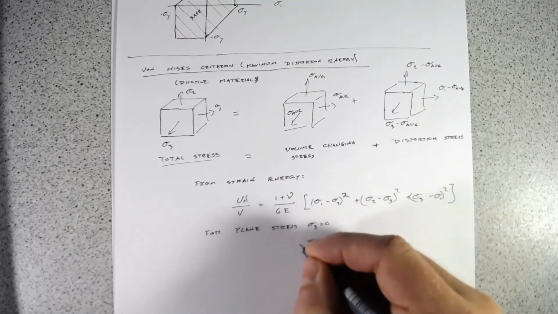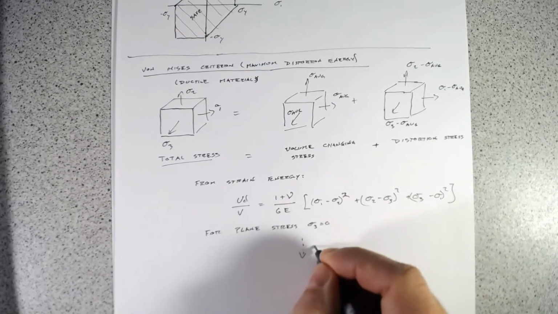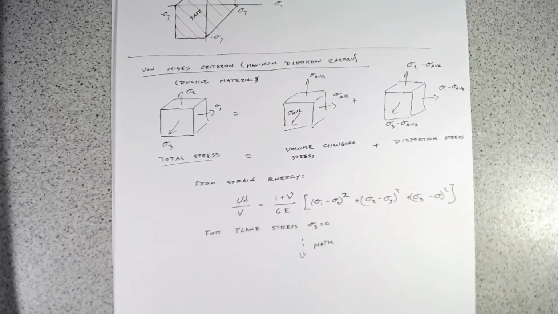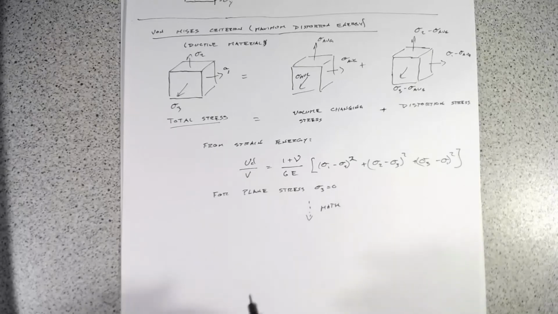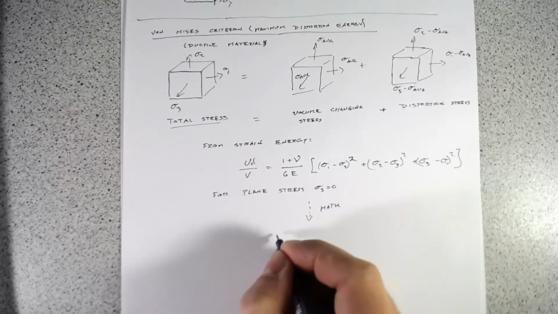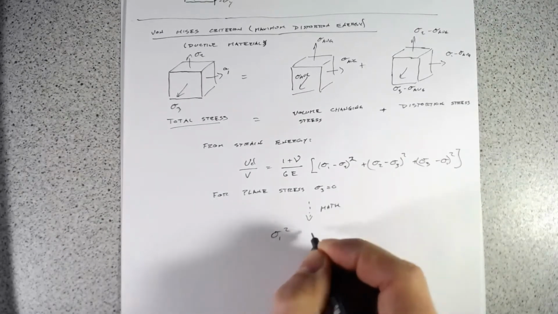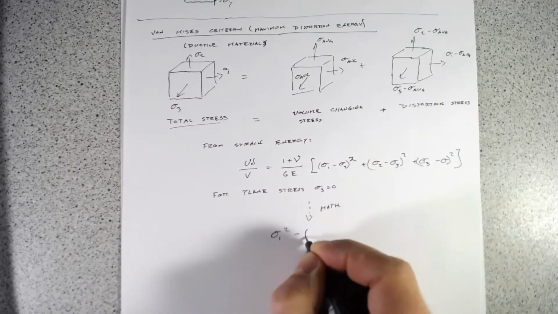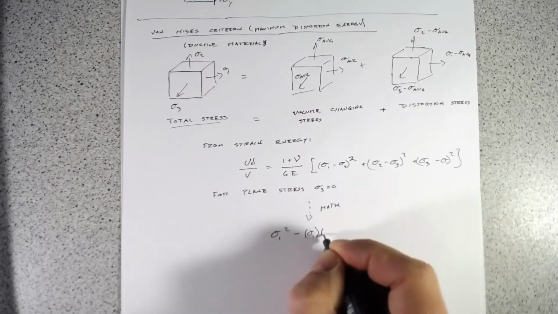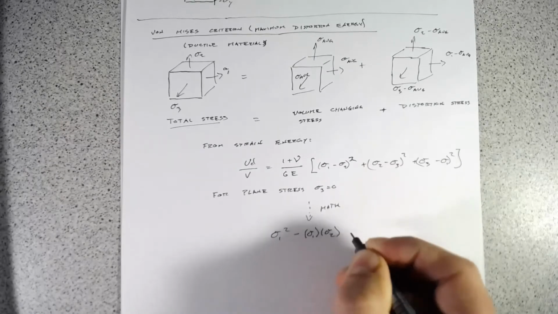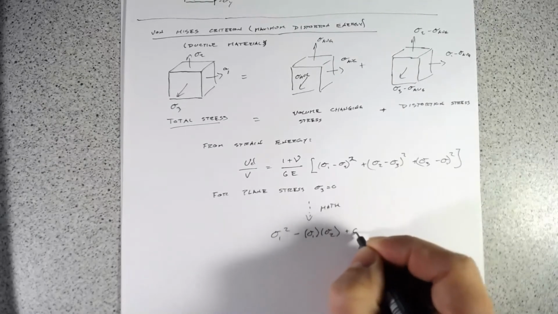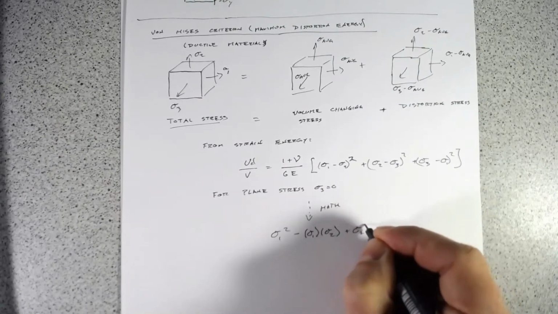Sigma 3 is zero. Then if we do some math in there, what we end up with is sigma 1 squared minus sigma 1 times sigma 2 plus sigma 2 squared.